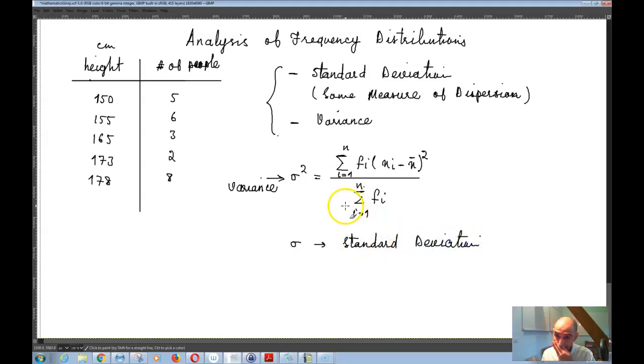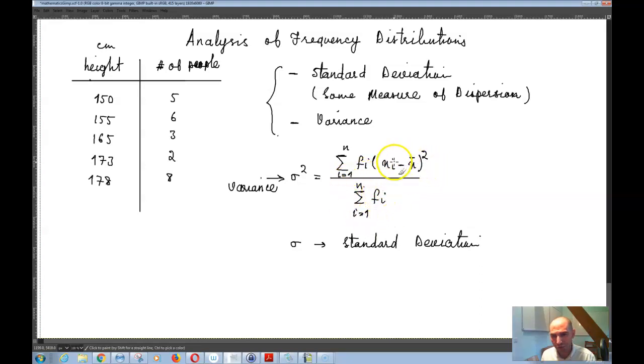Now, as you can see, when you calculate variance for some data, you have your observations here, and you subtract the mean of your data from each of your observations, and then you calculate the frequency of those observations by this expression, and then you divide it by the total number of observations.